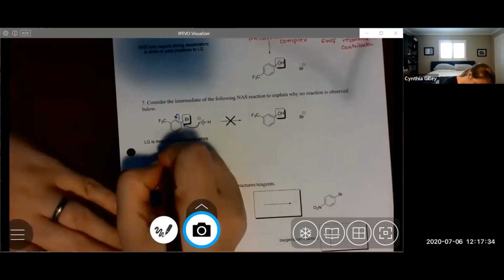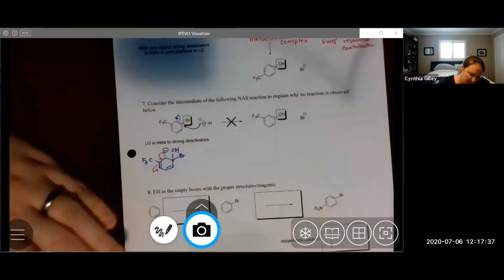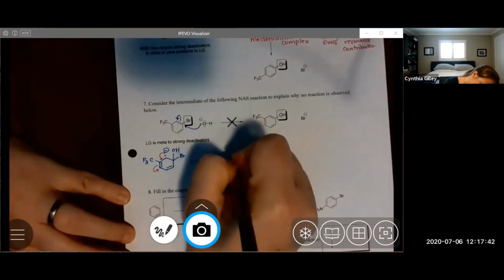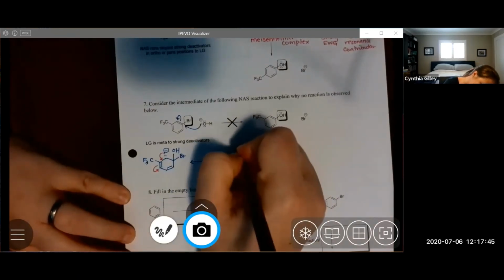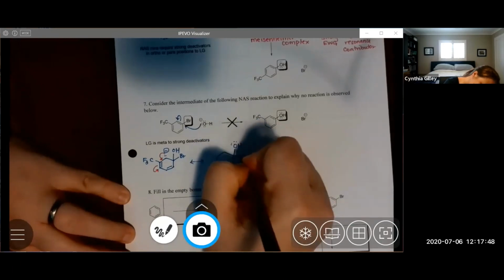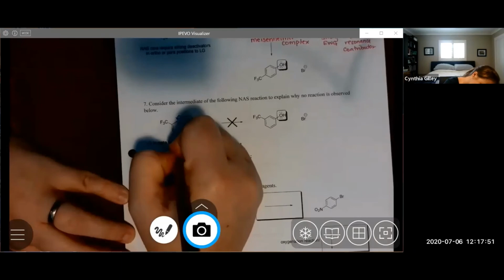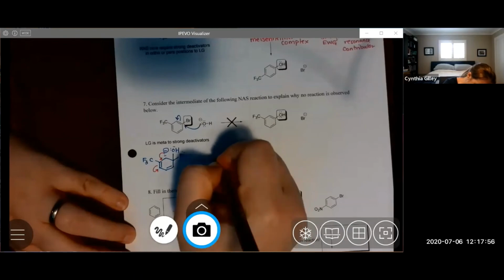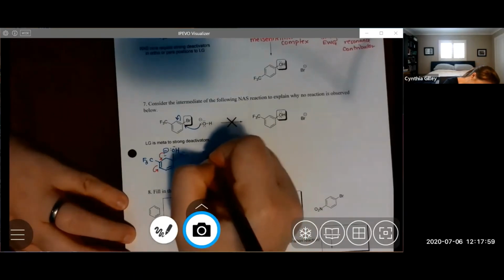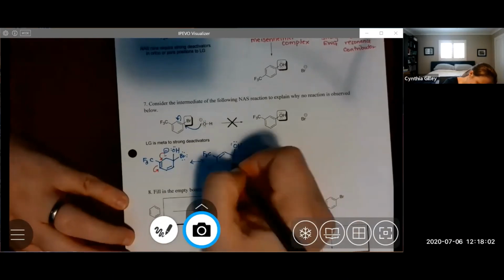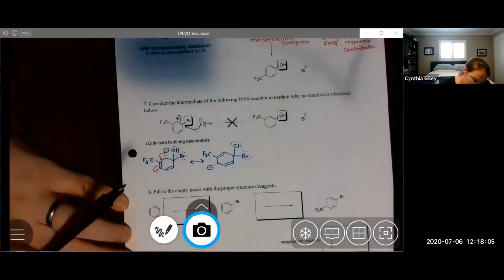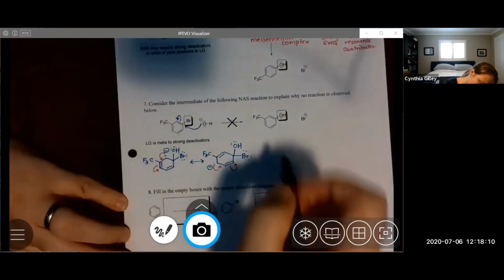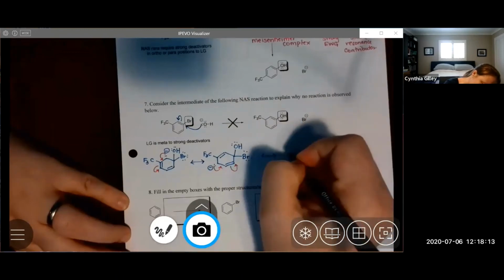We can show resonance, right, to move that negative charge to every other atom in the ring. So it is resonance stabilized. But it's not resonance stabilized enough to make a stable enough intermediate. So I can draw one more resonance contributor for my Meisenheimer complex.